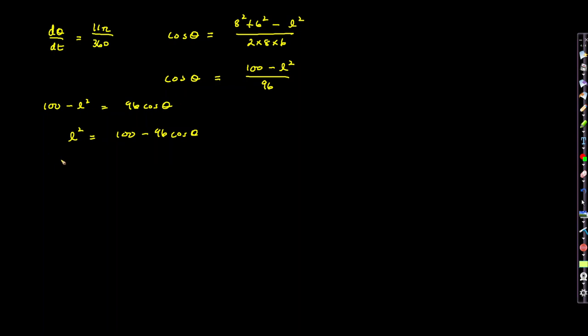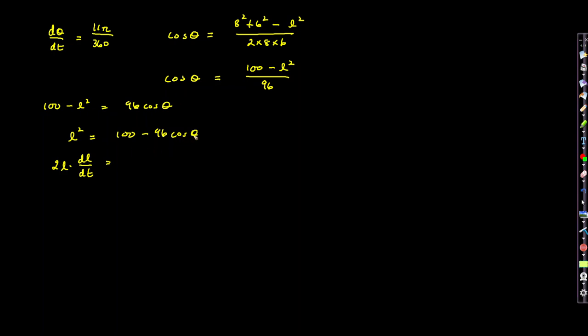Okay, so we can get this using implicit differentiation. So we get 2L times dL over dt. I'm going to derive with respect to t. That gives not 100, because that's a constant, and the derivative of cosine is negative sine.